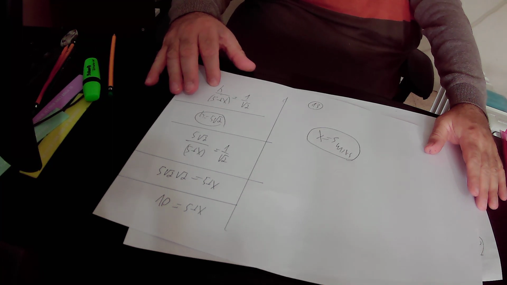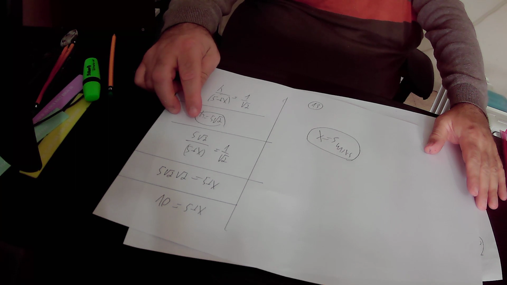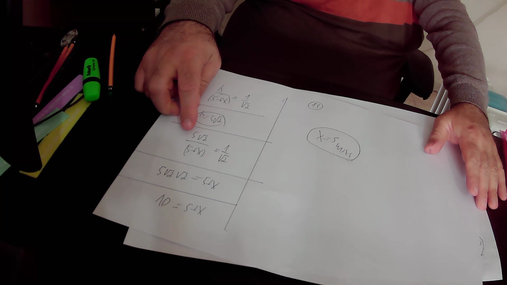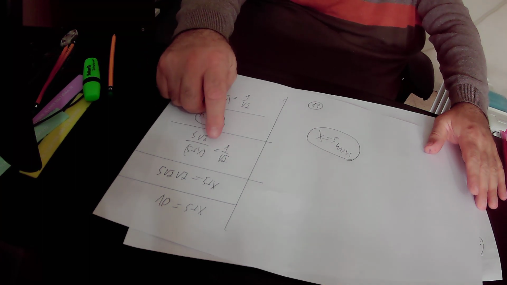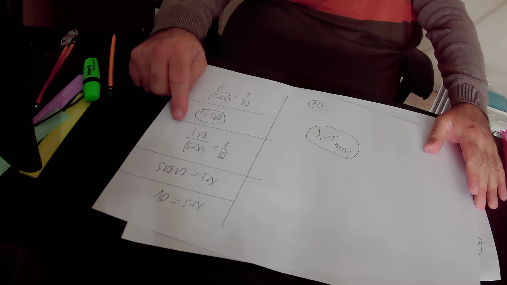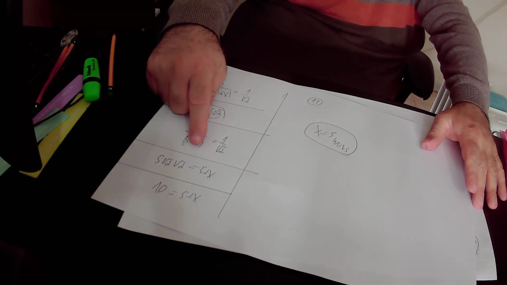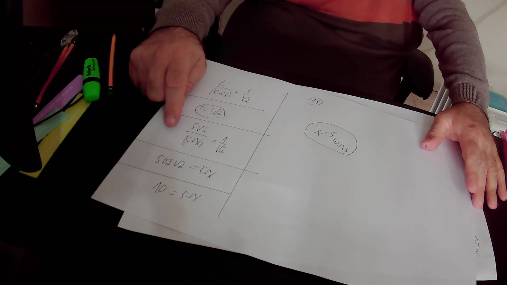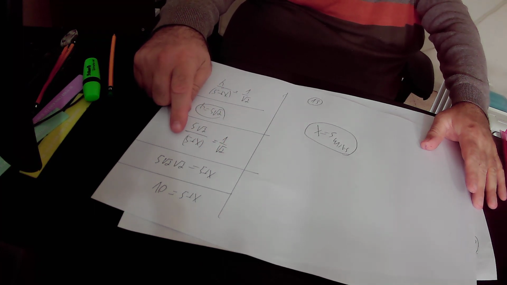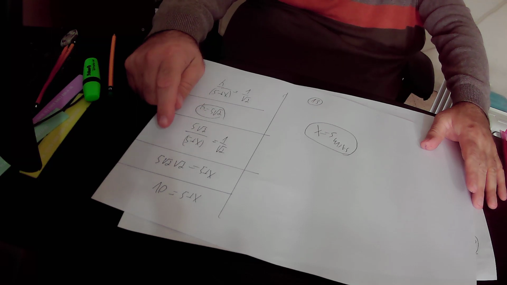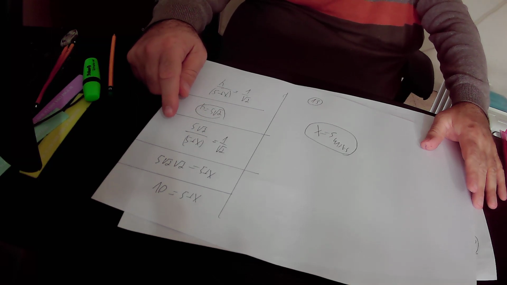Here we did it, and we got that 5 times square root of 2 over 5 plus x equals 1 over square root of 2, and by cross multiplying we found out that 5 times square root of 2 times square root of 2 equals 5 plus x. Square root of 2 times square root of 2 is 2, and 2 times 5 is 10. So in conclusion, we got that 10 equals 5 plus x.